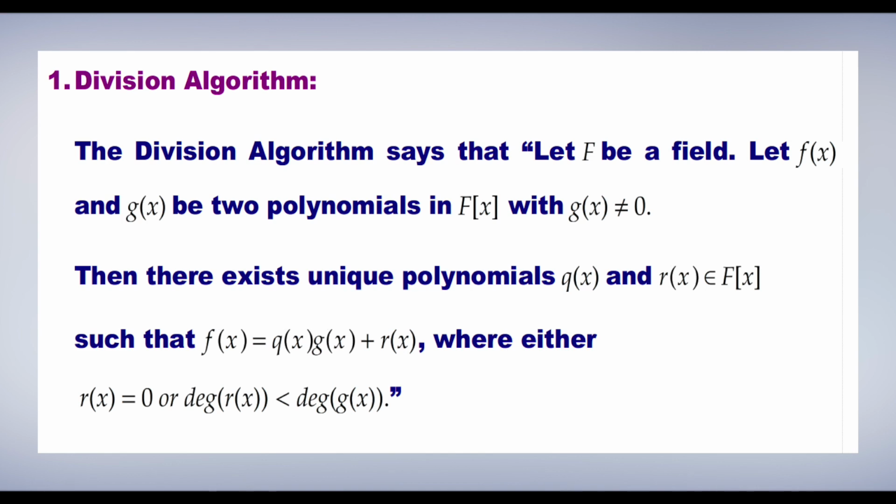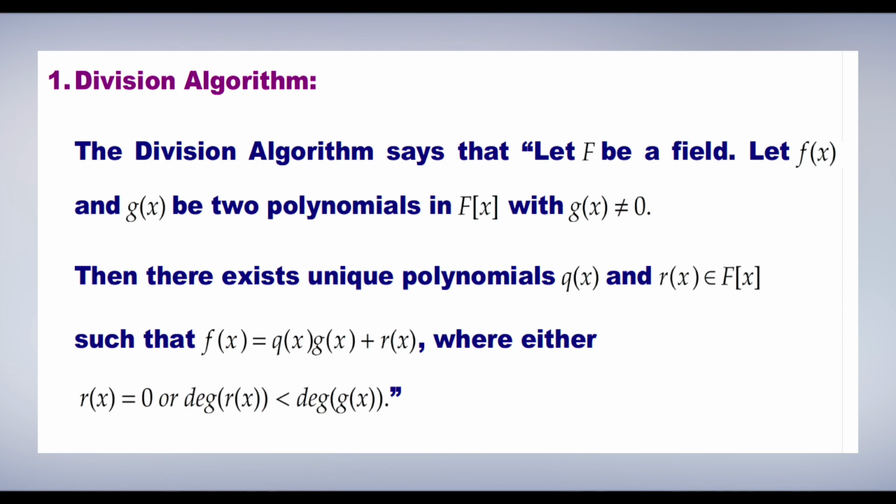Now let's see about the division algorithm. The division algorithm says that let F be a field, let f(x) and g(x) be two polynomials in F[x] with g(x) not equal to 0.